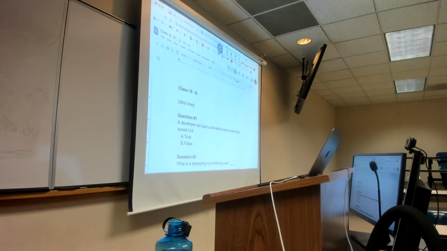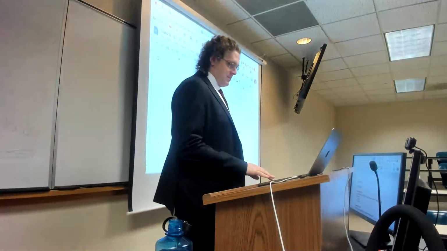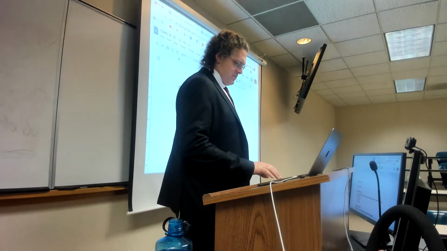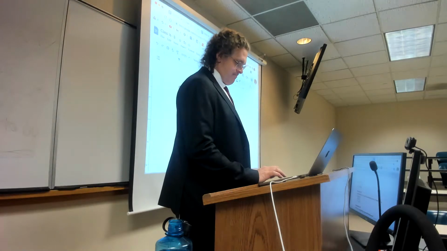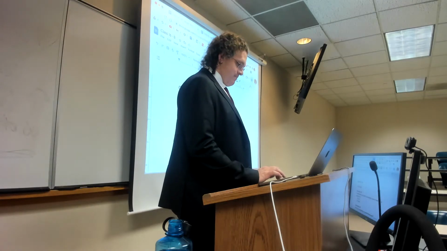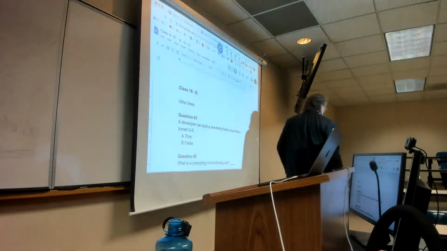Okay, move on. Yes, Aaron, please. When I read through this section in the case book, everything that the special exception said sounded like a variance. You're right. Which is why I made that point very clearly.